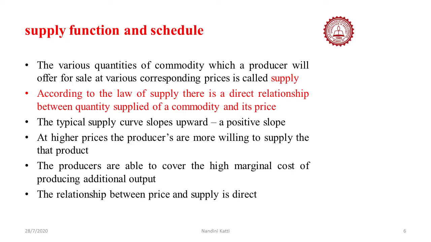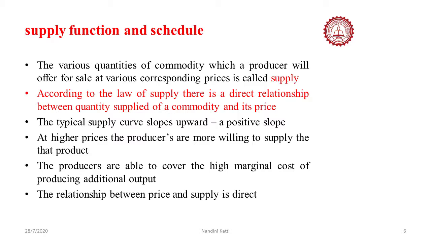What is supply? Supply is the quantity of a commodity which is supplied by the seller at a given price. Here, the quantities supplied are nothing but the amount offered by the seller to sell at various corresponding prices.